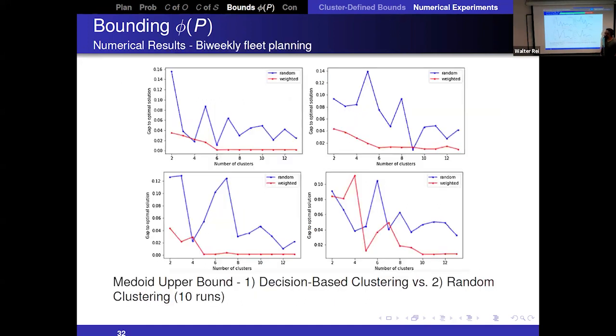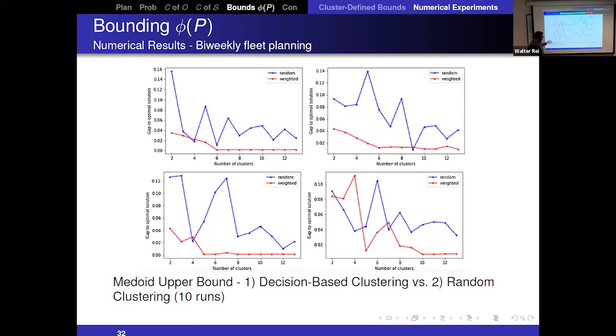So these are the results on the first set of instances, the easy instances. This is the quality of the medoid upper bound, the first upper bound technique that was mentioned.